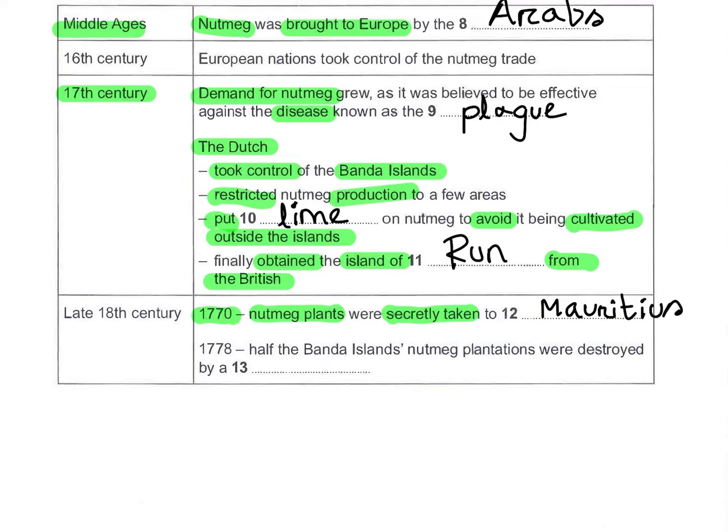Now question number 13, and the keywords are 1778, Banda Islands, nutmeg plantations destroyed by. Let's go back to the passage.